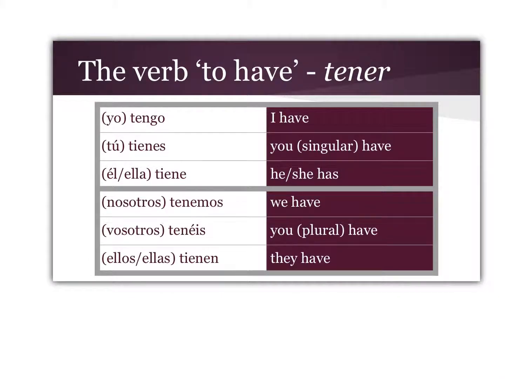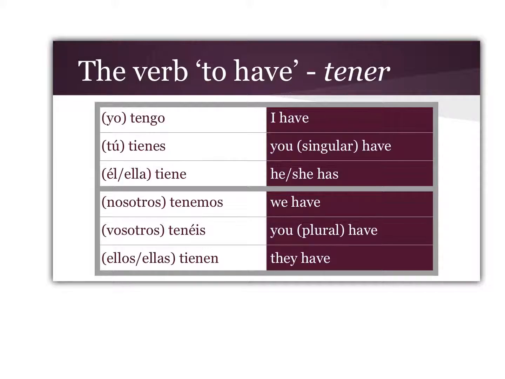So here is the verb to have in Spanish. The verb to have in Spanish is tener, the infinitive tener. It's an irregular verb in Spanish. Let's just have a quick think about what we mean by an irregular verb. By that, we mean that we cannot predict the pattern that a verb will have from its infinitive, tener.